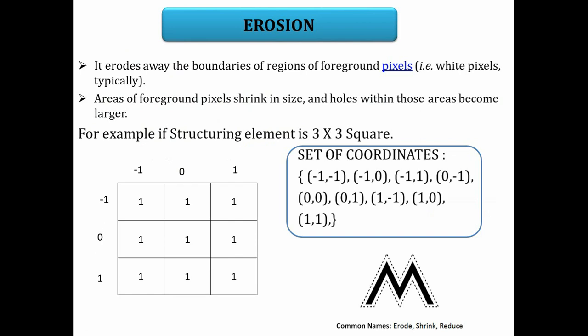The next type is erosion. Erosion erodes away the boundary of a region of foreground pixels. It removes a white pixel, it removes some foreground from the image, which means it will shrink the image. The areas of foreground pixels shrink in size, and holes within those areas become larger.